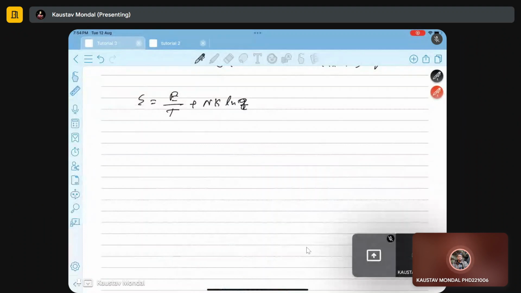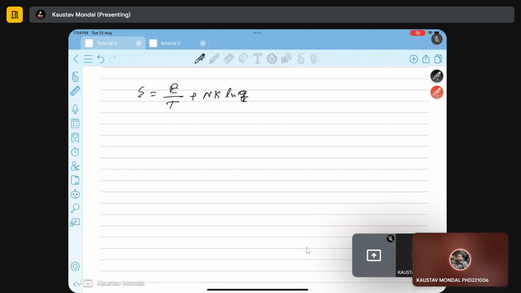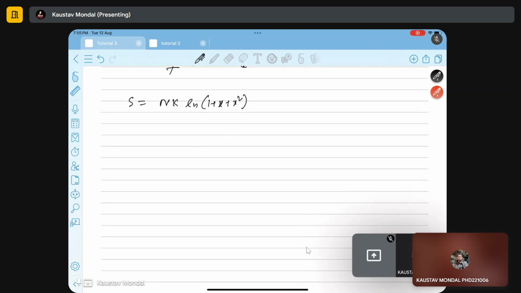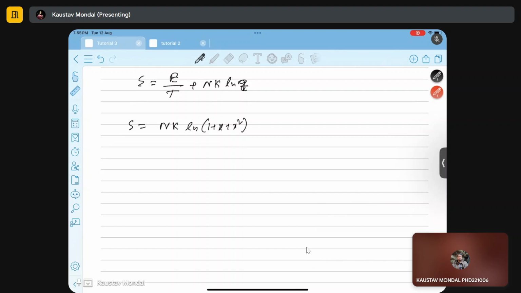So we have the expression of the entropy. Just substitute the expression of total energy and log of Z. If we do so, then we get S equals Nk ln of (1 plus x squared), plus, with Nk outside, beta epsilon times (x plus 2x squared) over (1 plus x squared).